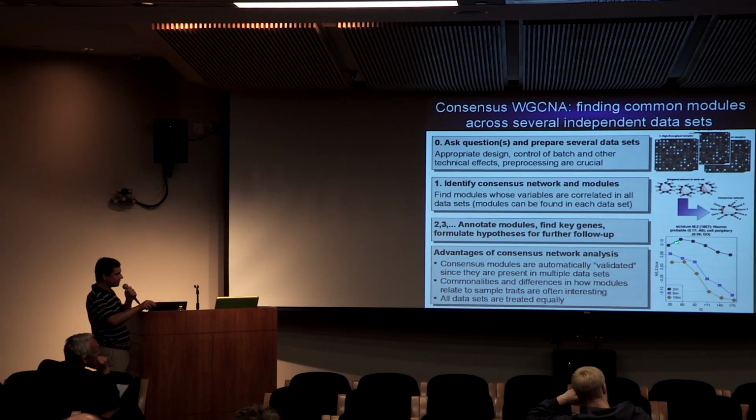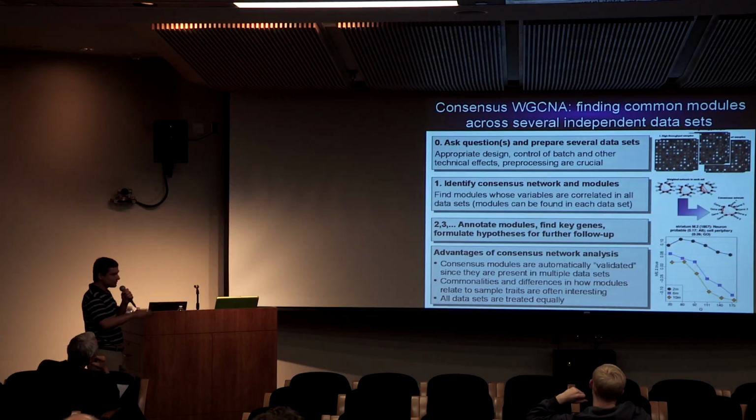And you can see that in one of the data sets, the module just doesn't really vary very much with the numeric variable, with the condition, I suppose. Whereas in the other 2 data sets, the module changes very strongly. So there's a clear difference between the first data set and the other 2 data sets.